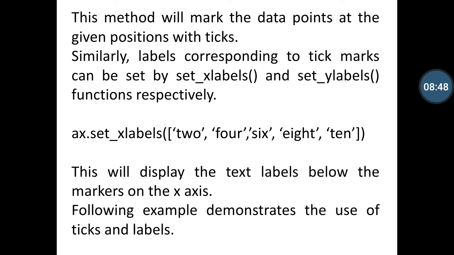Similarly, labels corresponding to the tick marks can be set by the set_xticklabels and set_yticklabels functions respectively. So we can also define the labels as ax.set_xticklabels with 2, 4, 6, 8, 10 as string values on the x-axis of the graph.